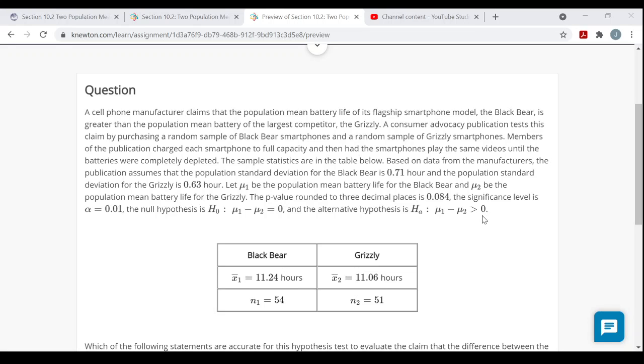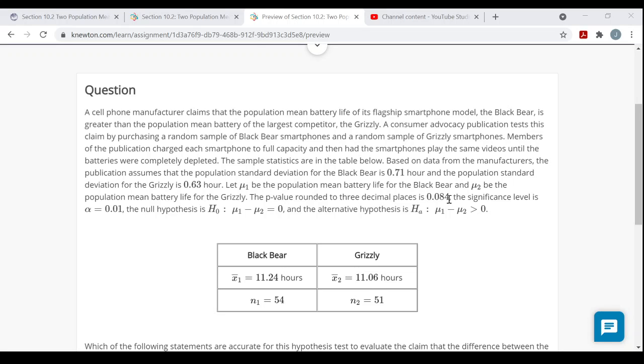This would be a right-tailed test. If I wanted to find the p-value myself, I would find the test statistic and then find the area under the standard normal curve to the right of that test statistic. But anyway, they gave us the p-value.